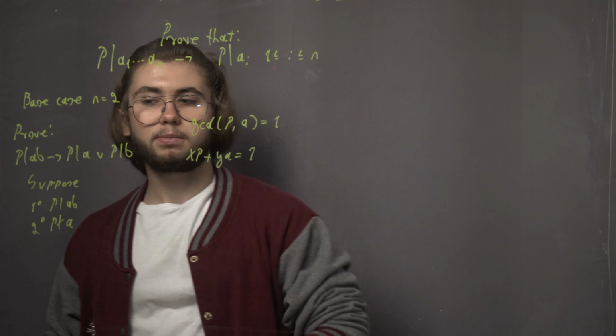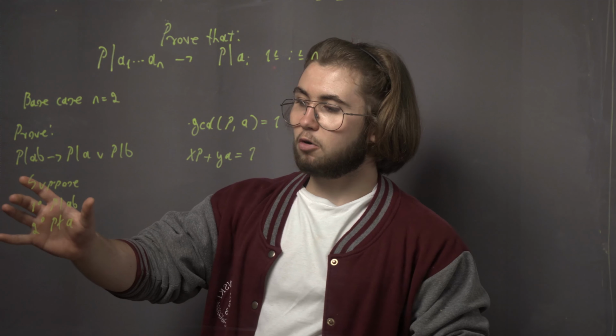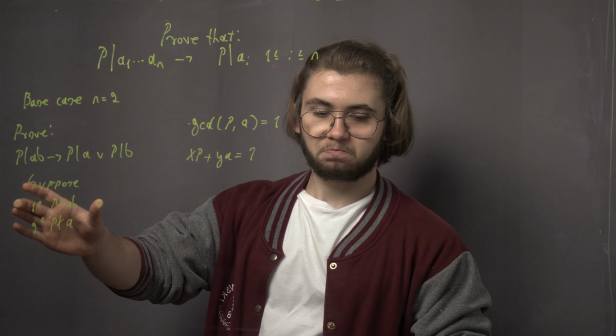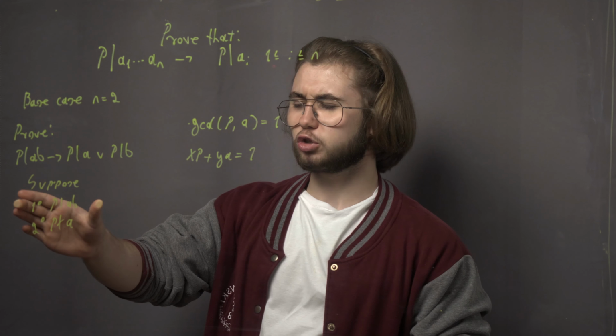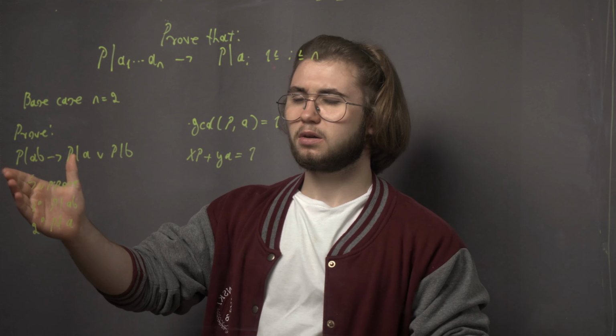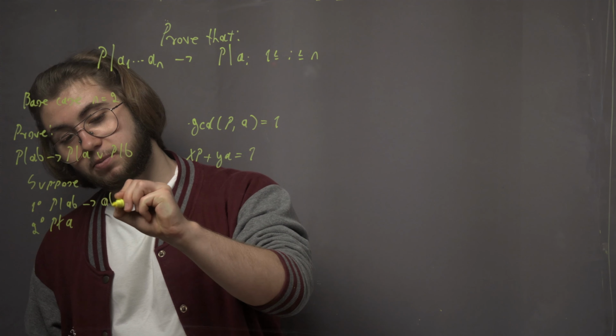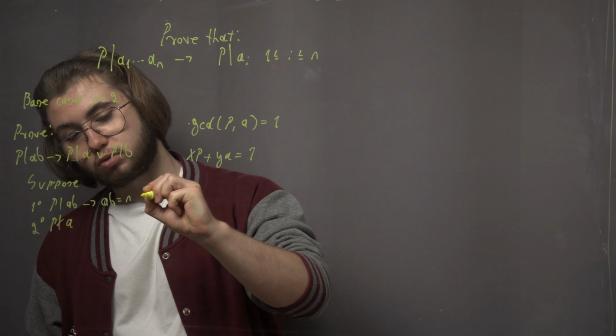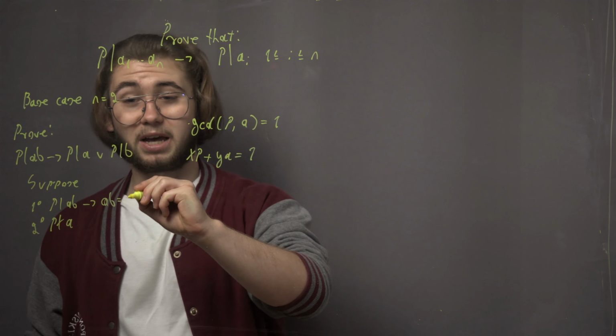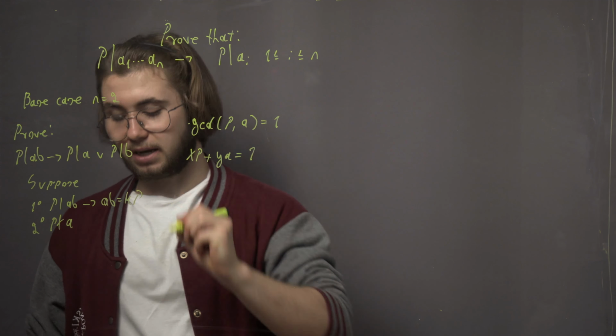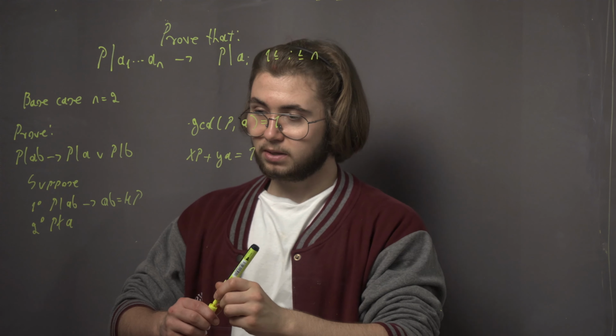And well, that's absolutely perfect because, by our first supposition, we get that a times b will be equal to some natural number, maybe not n, because n is already taken, let's say k times our prime number p, yeah?